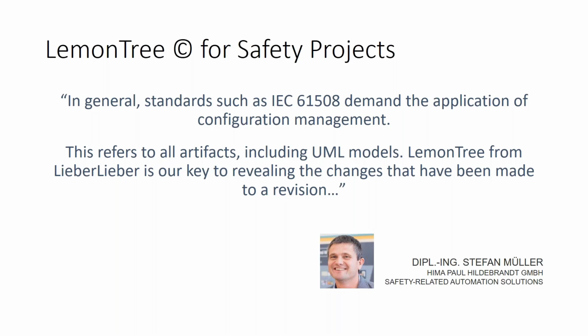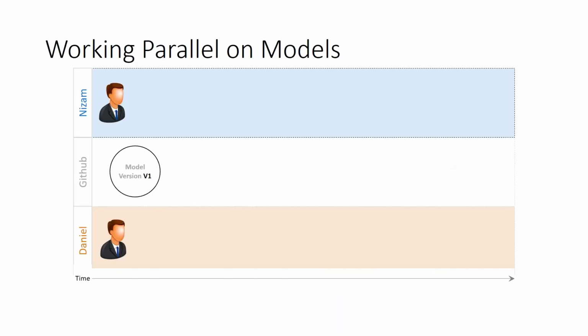And for example, the ISO 26262, which is very famous in the automotive world, is derived from this norm. So this is like the master norm. And we see more and more regulatory requirements that force people also to store models in version control systems.